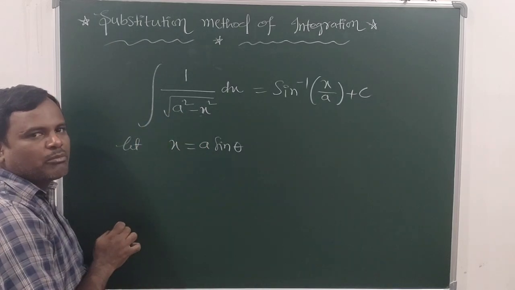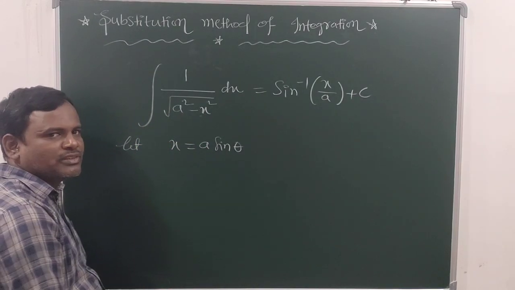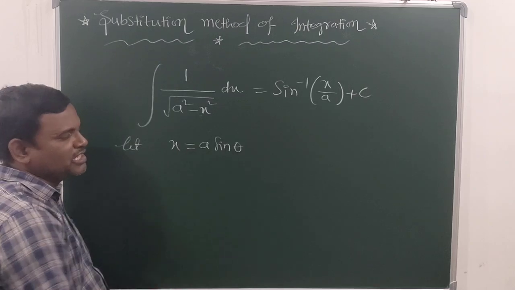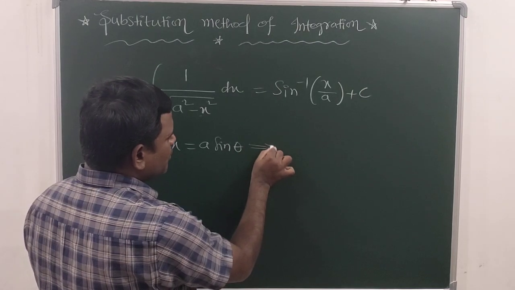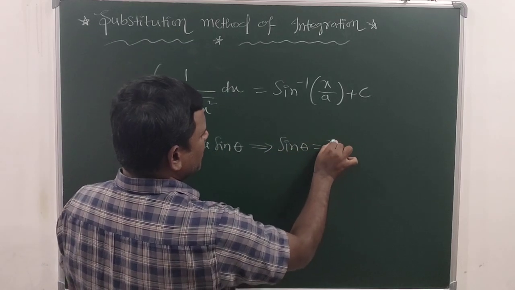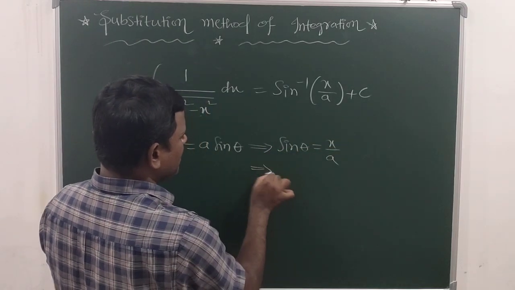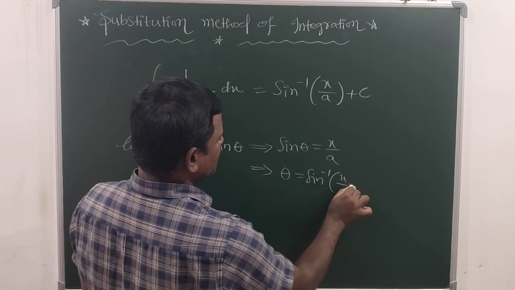I am going to evaluate the integral by substitution. So here the substitution is x equal to a sin theta. Make sin theta the subject, you get x by a. Make theta the subject, sin inverse of x by a.